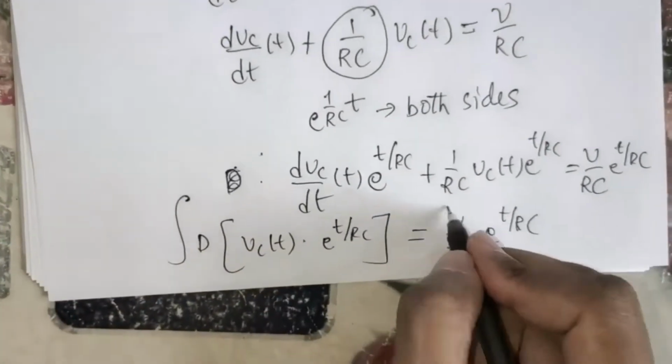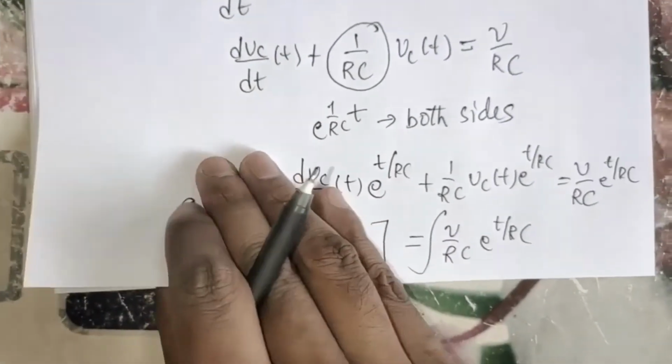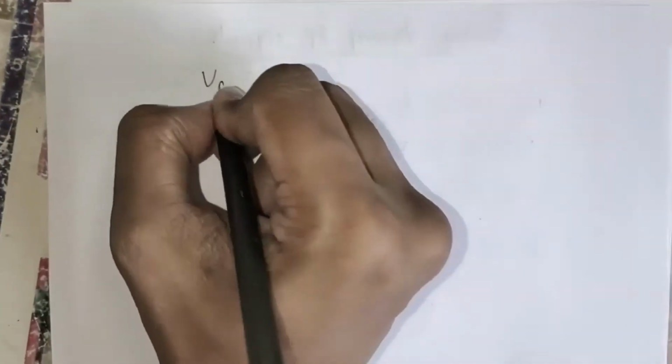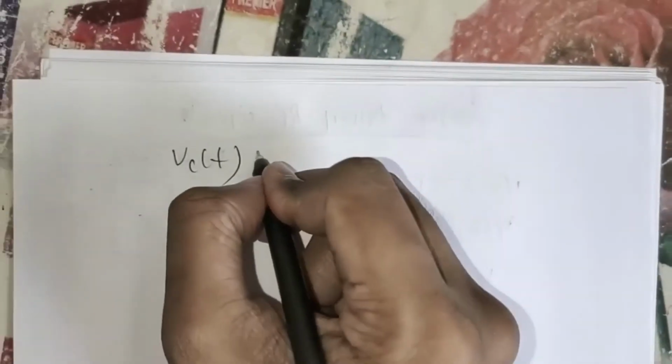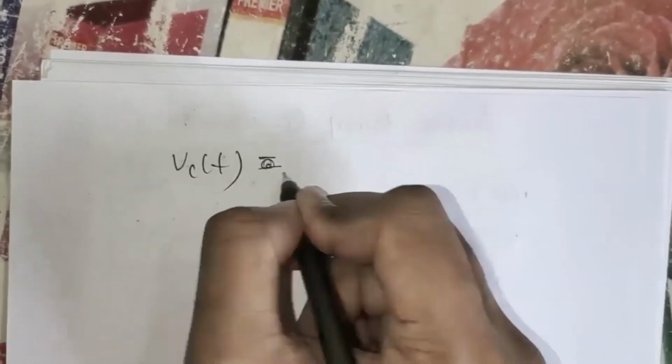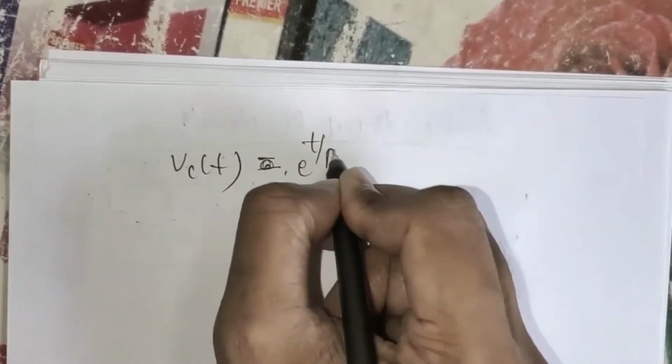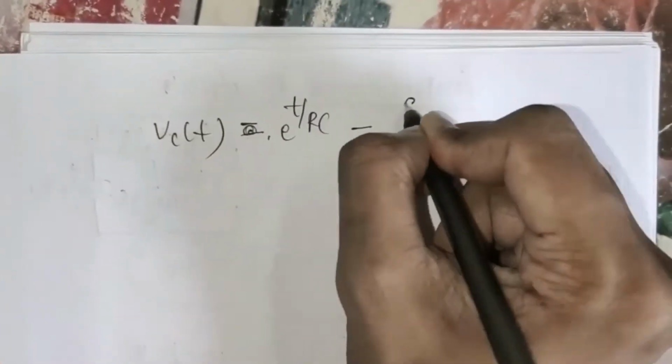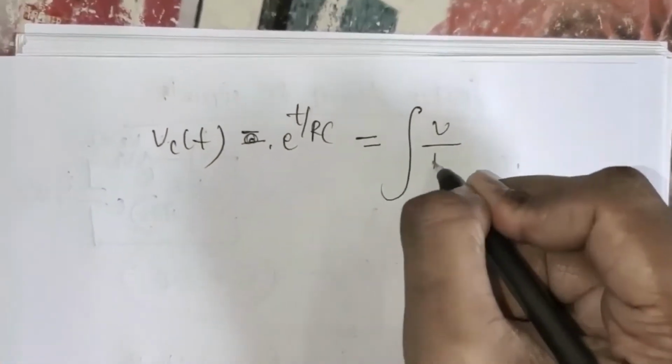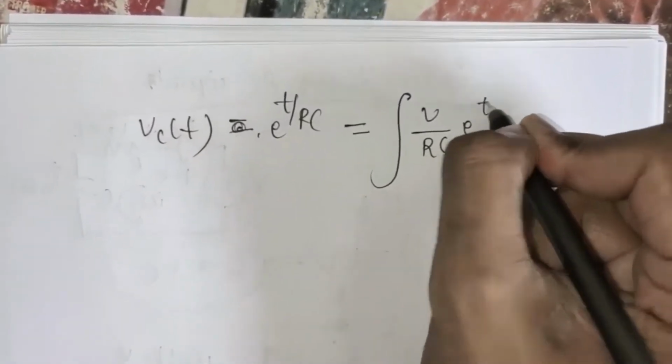Applying integration on both sides. So when I apply integration, on the left hand side I'll remain with Vc of t into e power t by RC, which will be equal to integral of V by RC into e power t by RC.